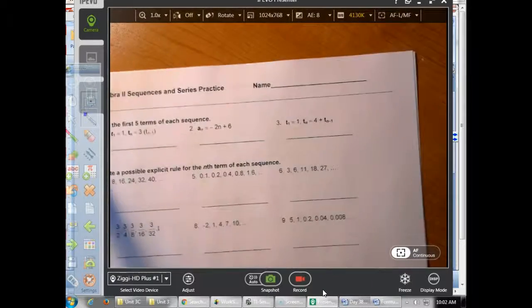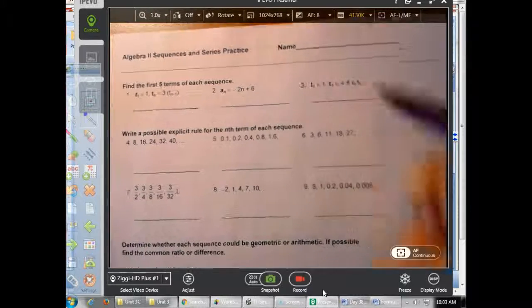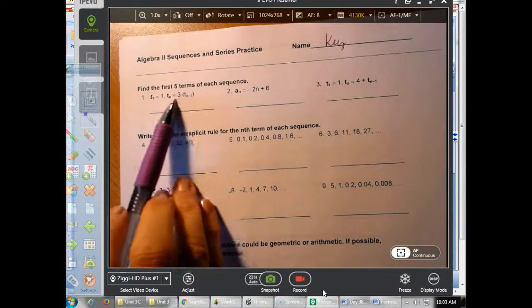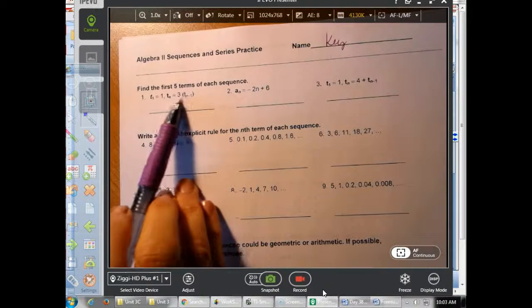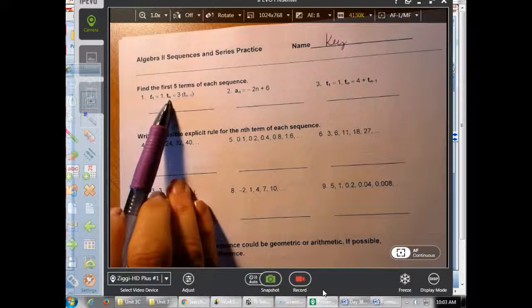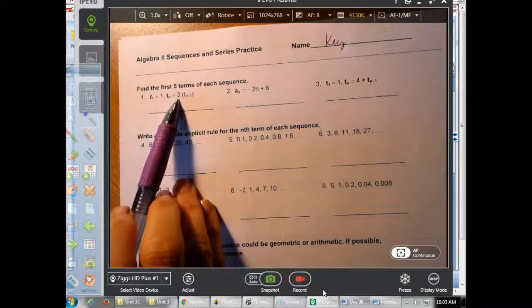Okay, so here we go. Let me get situated here. What I have here is basically a recursive formula, which we won't do much of. It says that if I want a term, say the 5th term, I would look at the 4th term and multiply it by 3.